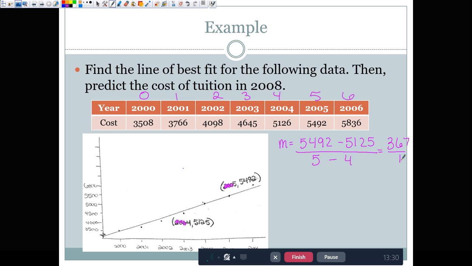So now I need to find my b, okay? I'm going to use my first point here. So that's 5,125 equals m, 367, times x, 4, plus b. So 367 times 4 is 1,468.